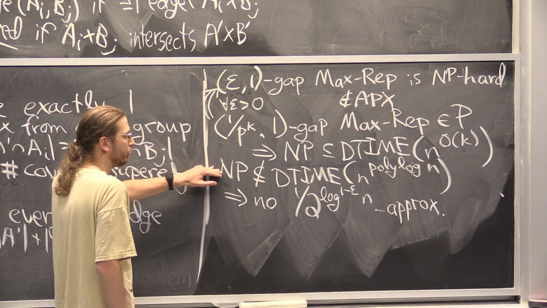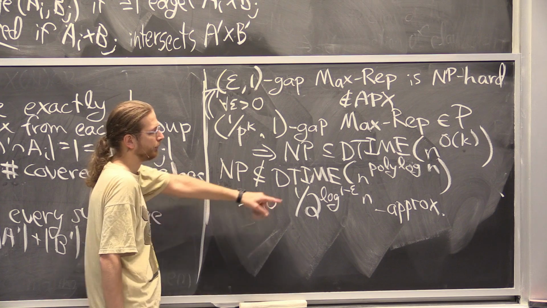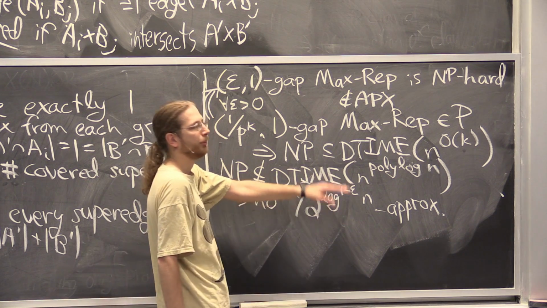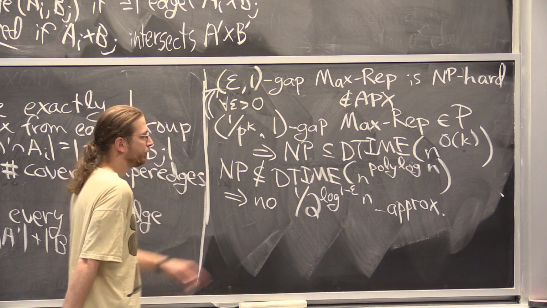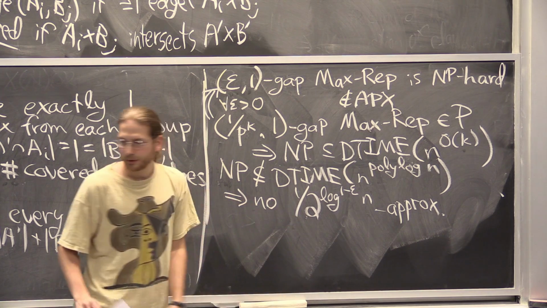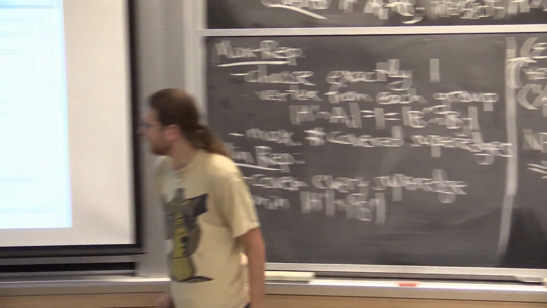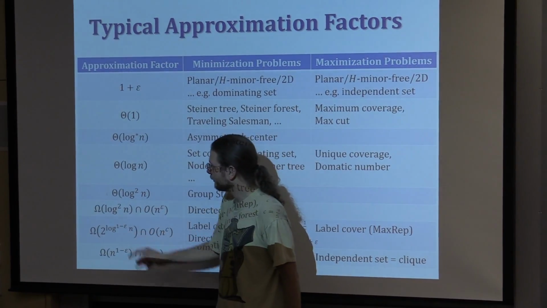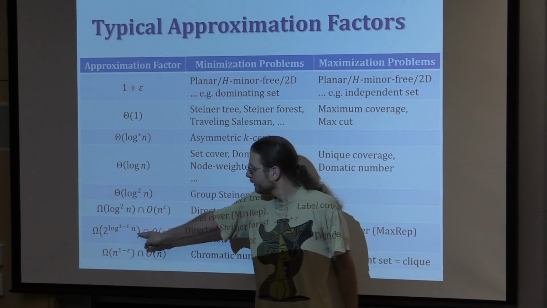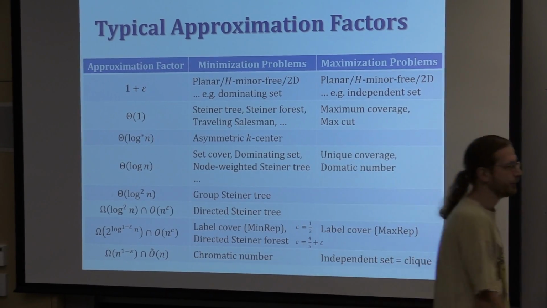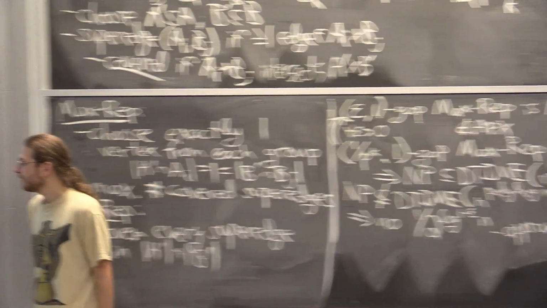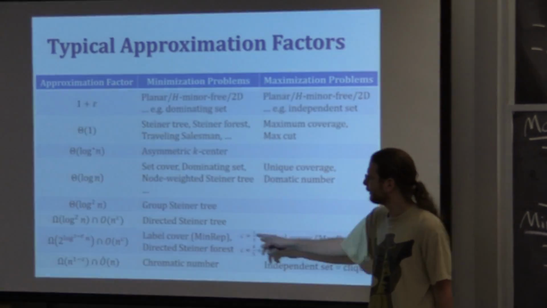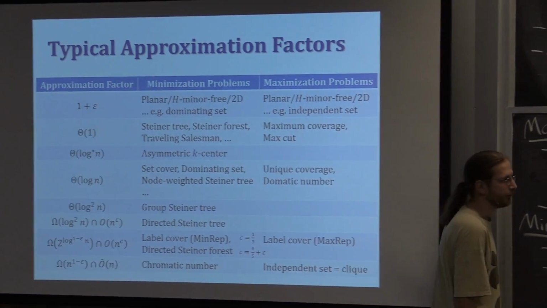If you believe this is not true, then there will be no polynomial time algorithm to solve this gap max rep. So this is very large. We've seen this before in this table of various results. Near the bottom, there was a lower bound of 2 to the log to 1 minus epsilon n. This is not assuming P does not equal NP. It's assuming this statement, NP does not have quasi-polynomial algorithms. And you see here, max rep and min rep, two versions of label cover.